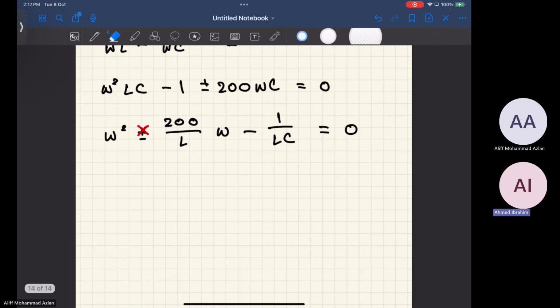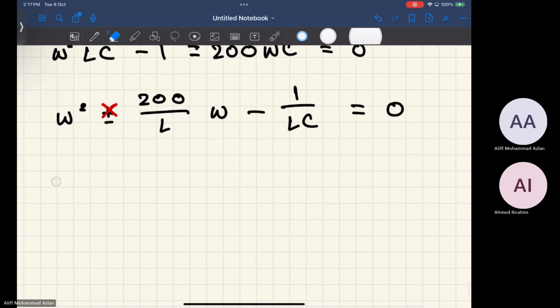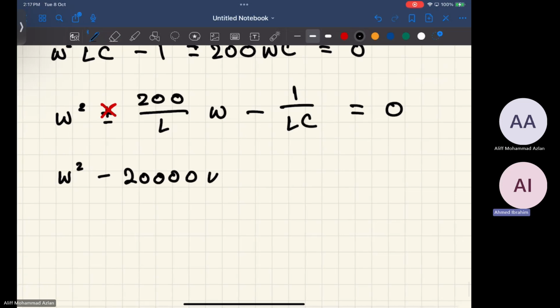Yeah, so we substitute the values in and we get omega squared minus 20,000 omega minus 10 to the 10 is equal to 0.